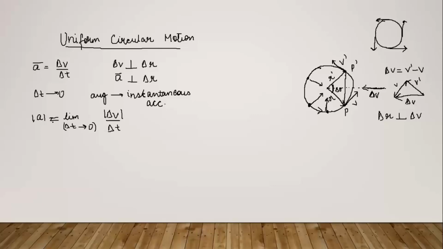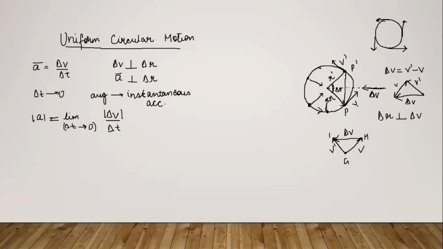Now if we draw a triangle using the velocity vectors this way, this is the velocity vector v and v dash is here, and delta v vector is here. We name this triangle GHI.